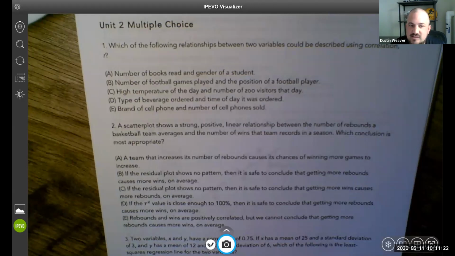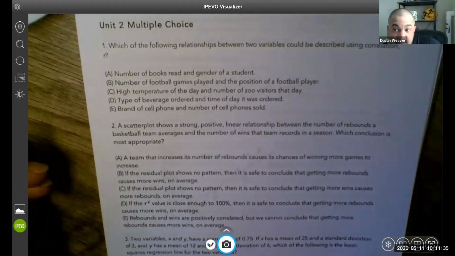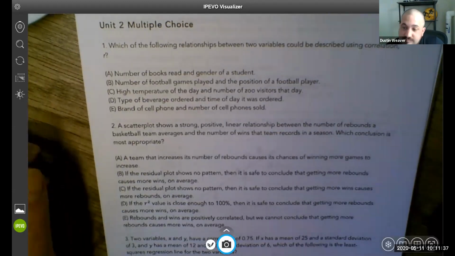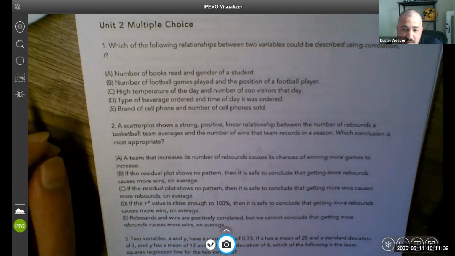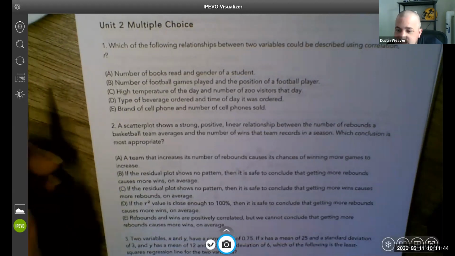Okay? So we need two variables that have numbers. So which of these scenarios, A, B, C, D, or E, gives us two variables that can both be described quantitatively, with numbers?